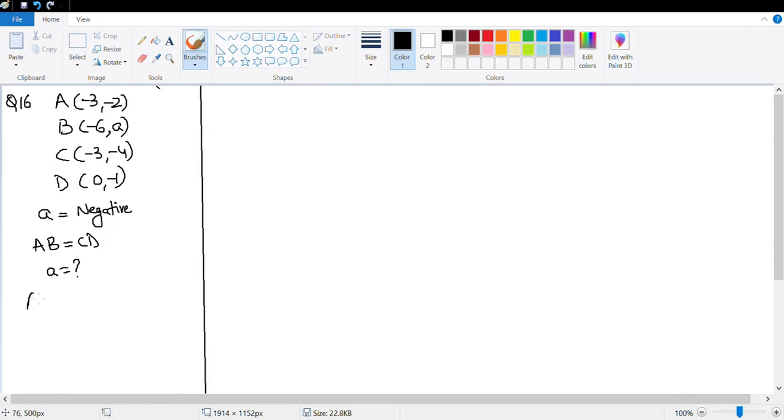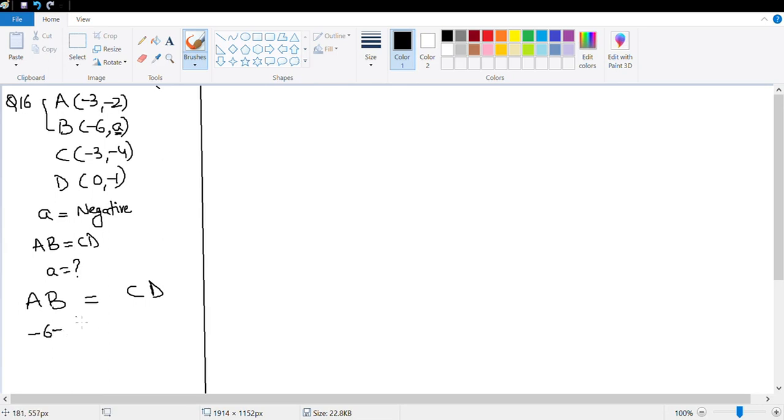So AB is given equal to CD. So what is the value of AB? So this is AB, there will be negative 3 minus of negative 6, that's plus 6. My mistake, I always prefer to take the variable as the first term. I realize the variable is in B. So let me start with B then.